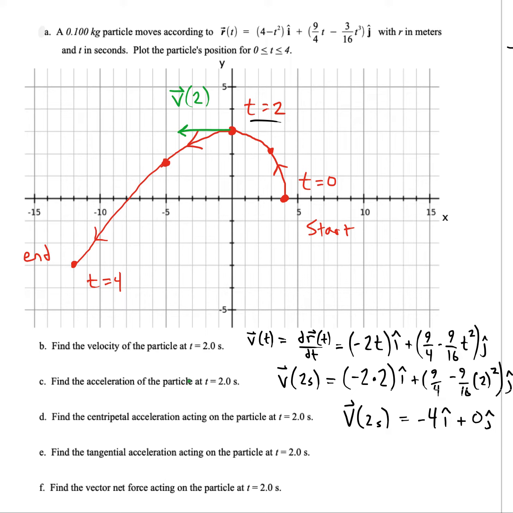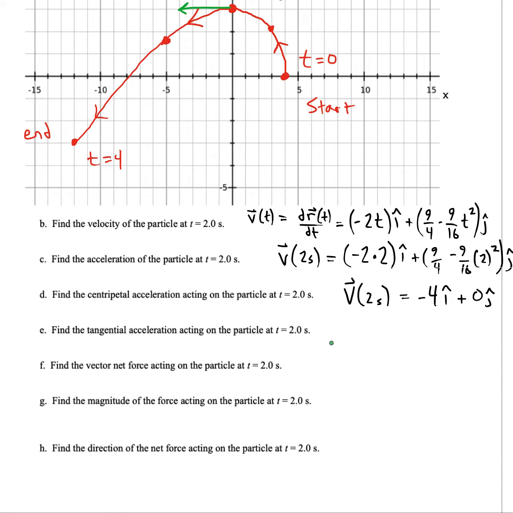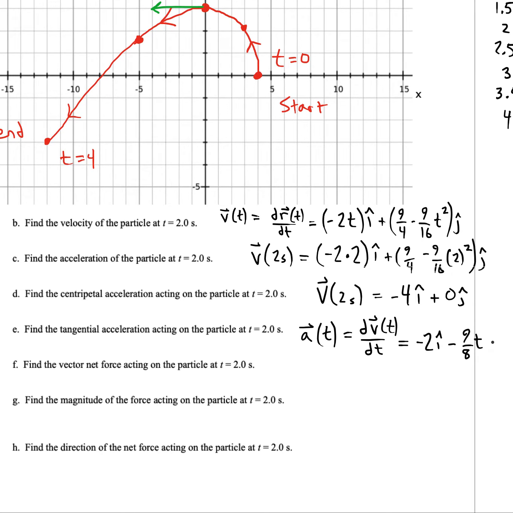Next, it asks for the acceleration of the particle at t equals 2, right? So we'll want a of t, which will be the derivative of the velocity with respect to time. So we want negative 2i minus, I think it'll come out to 9/8 t j.